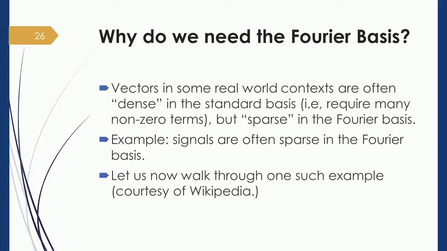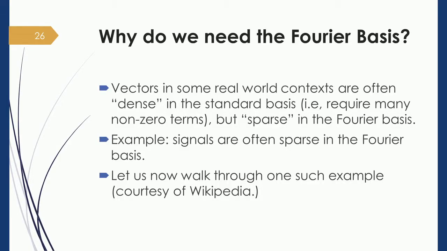They will either be very close to 0 or completely zeroed out. And so, a lot of real world signals and vectors are actually sparse in the Fourier basis. So, if we want a more compact representation of real world signals, it would be helpful to have transformed them into the appropriate Fourier basis and then process them in that compact form.